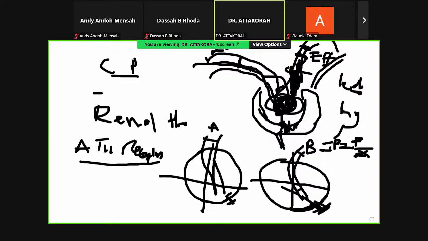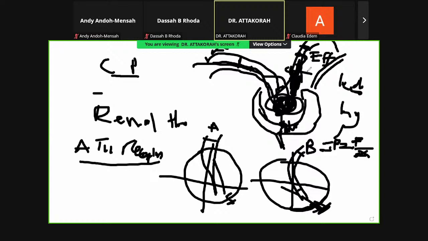I'm using the mouse, so writing becomes difficult. So AT2 receptors are predominantly found within the efferent arteries.